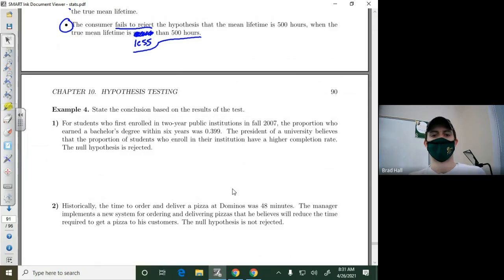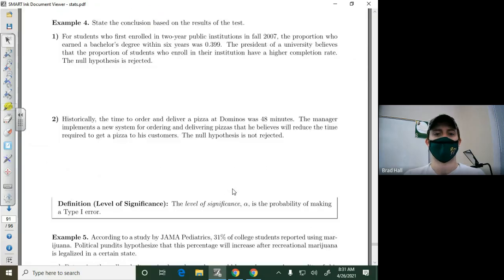State the conclusion based off of the results of the test. So there's students who earn a bachelor's degree within 6 years. The president of a university believes that the proportion of students who enroll have a higher completion rate. The null hypothesis is rejected.